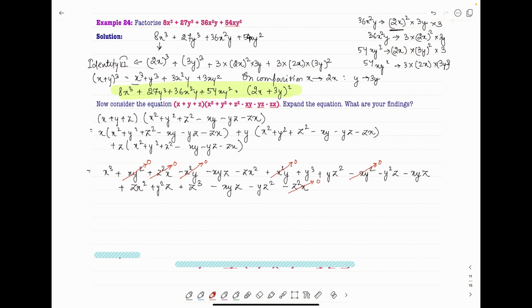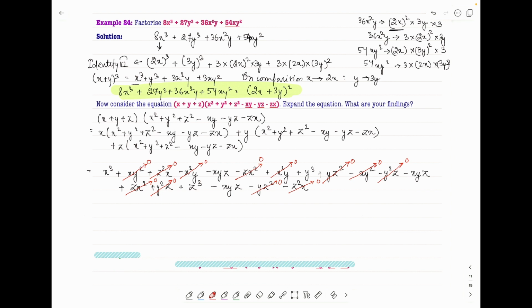Minus zx square and plus zx square cancel. Plus yz square and minus yz square cancel. Minus y square z and plus y square z cancel, and they become 0.